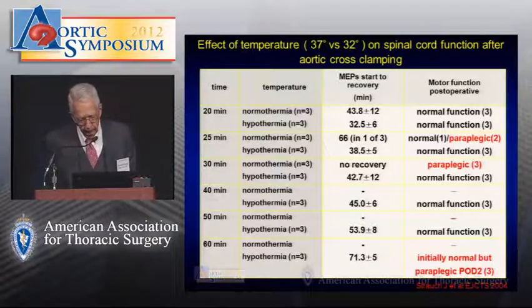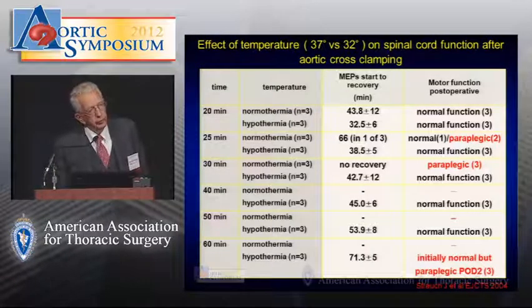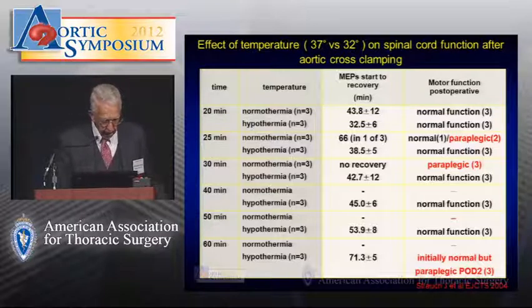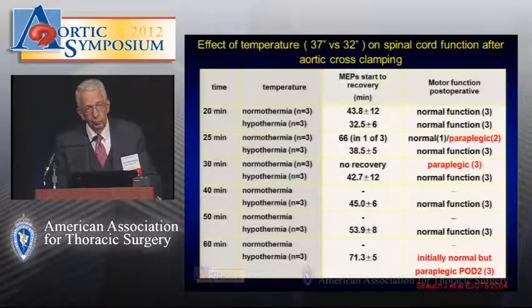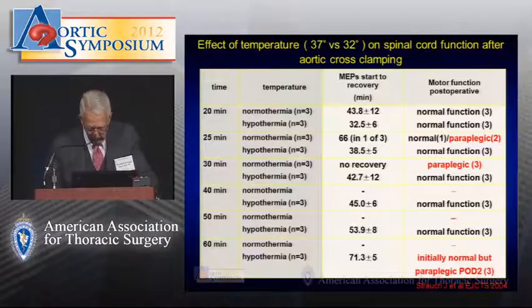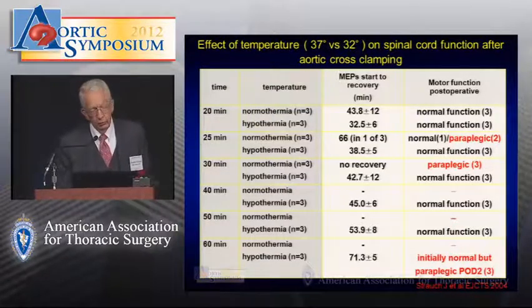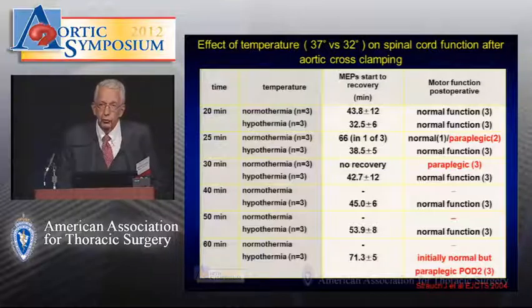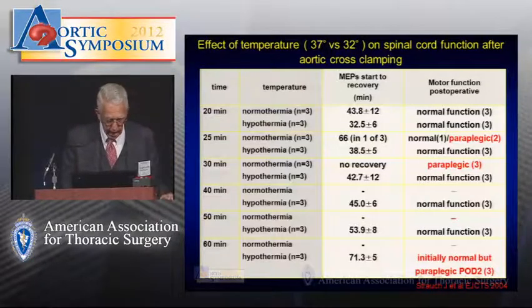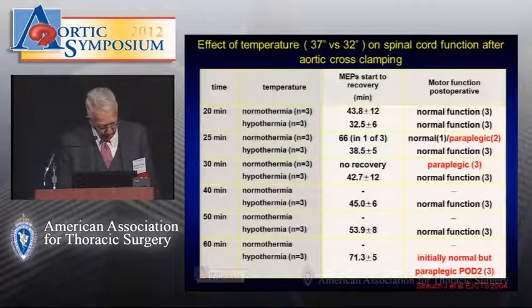Now, as more surgeons got involved in aortic surgery, more and more of us ventured into an even more challenging area, I think, than the ascending aorta and the arch in some ways, and that's the thoracoabdominal aorta. The question of spinal cord protection and spinal cord tolerance to ischemia became important.